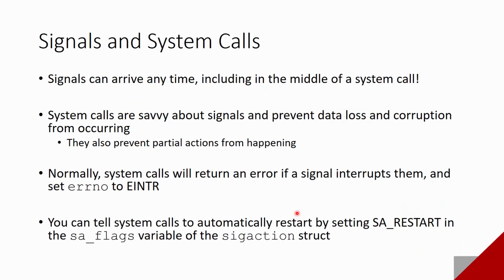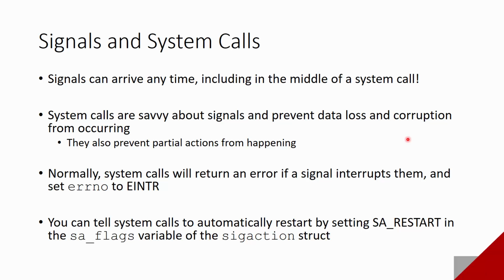And for our last slide here, let's talk about signals and system calls. So signals can arrive anytime, even in the middle of a system call. Like if you read some 1 gigabyte file off the hard drive, you could get a signal during that. The system calls are pretty good about preventing data loss when that happens, from preventing corruption from messing up all the buffers, and they can also prevent partial actions from happening.